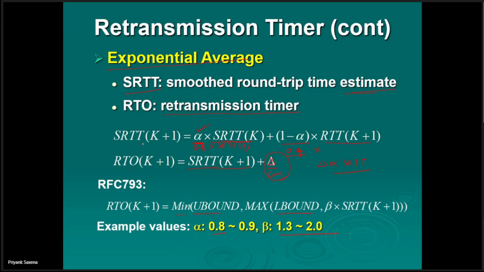So SRTT, the smoothed round trip time, is calculated as alpha into SRTT(K) plus (1 minus alpha) into RTT(K+1). Suppose you take the value of alpha as 0.8 or 0.9, so that means what?